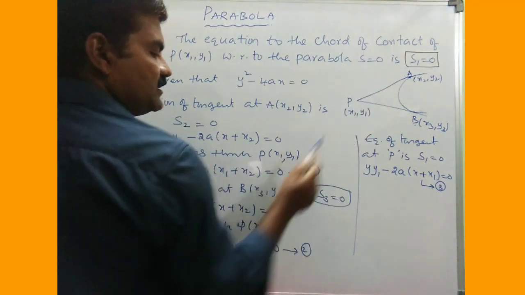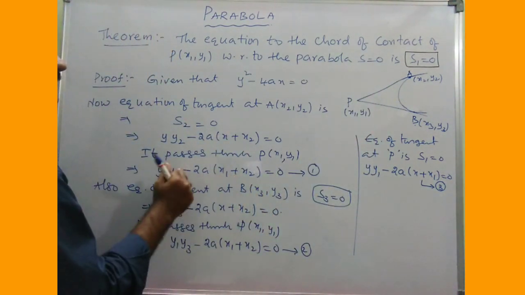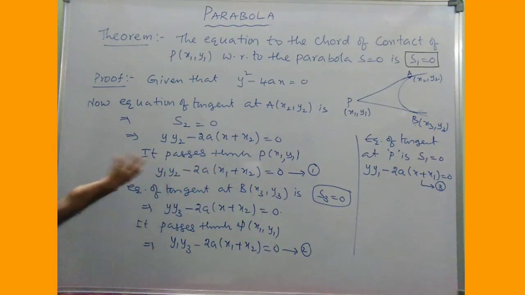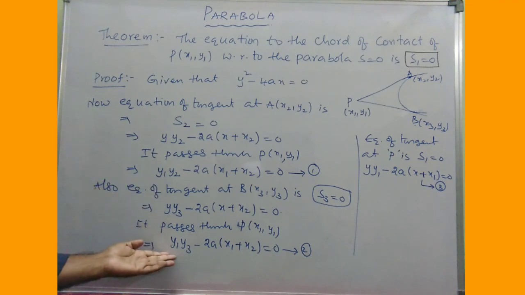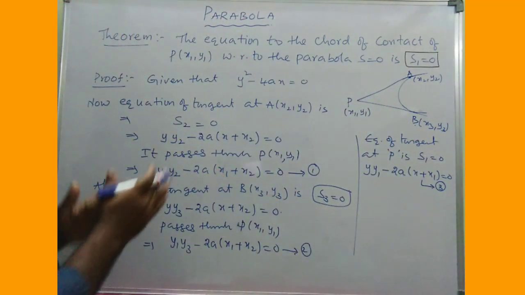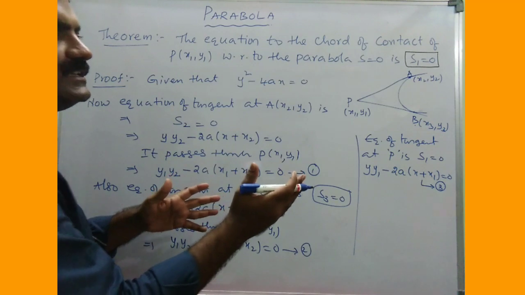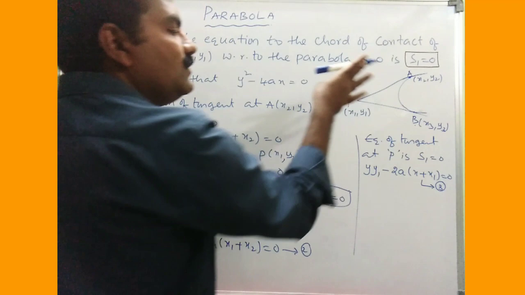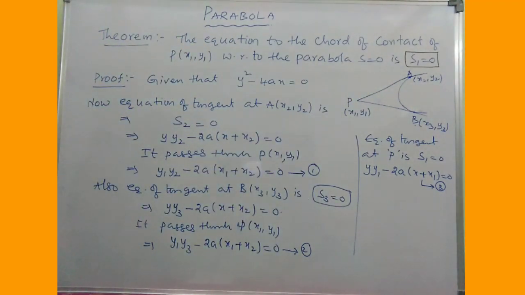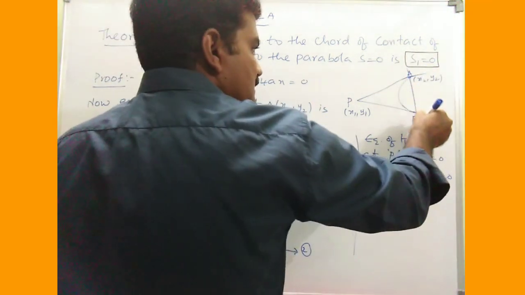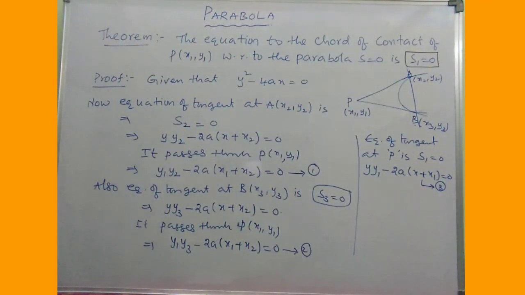Equation 1 is the tangent drawn at A, but it passes through P itself. Even this is the equation of a tangent drawn at B, but passes through P. So all these three are the same. Equation 1, equation 2, and equation 3 represent the same, and all these are nothing but the tangents drawn from P only. So that's why we can say that equation 3 is the equation of the chord of contact we require now.